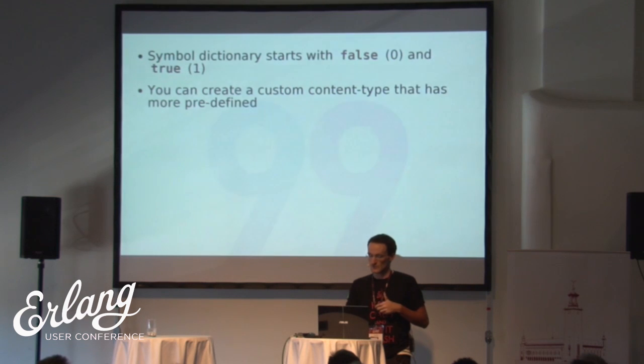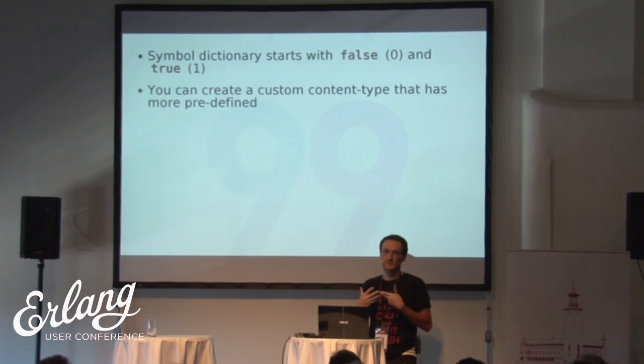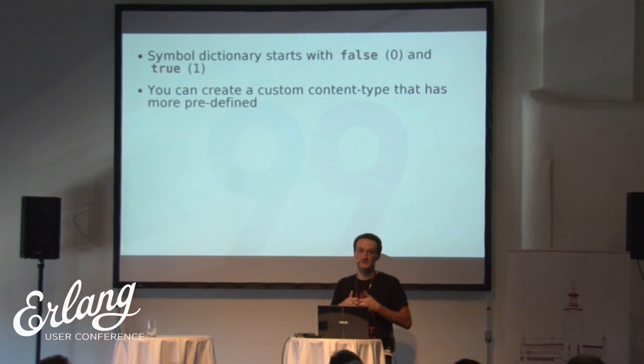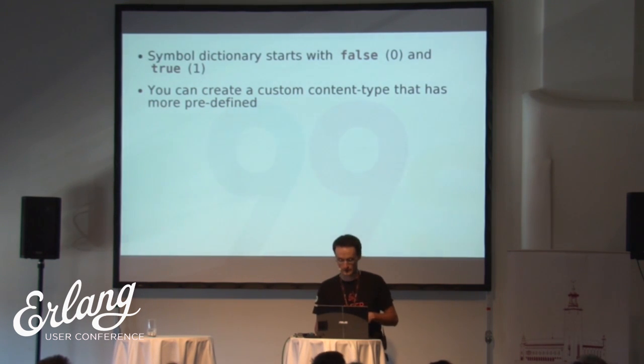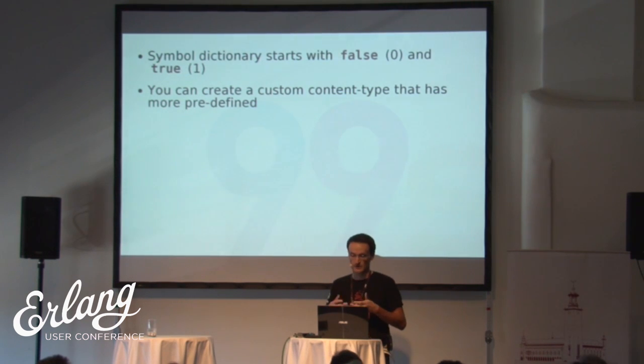So I'm going to keep a dictionary of symbols that are sent. And every time I send a new symbol, I will give it a number. I start with false and true, which are quite used already. And we can, of course, add some more predefined if we want.